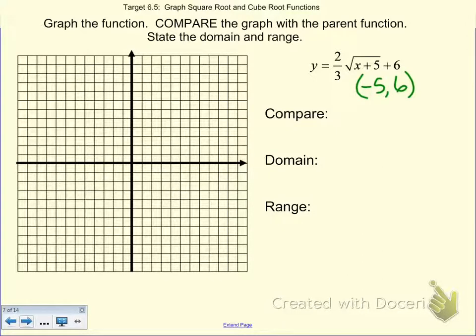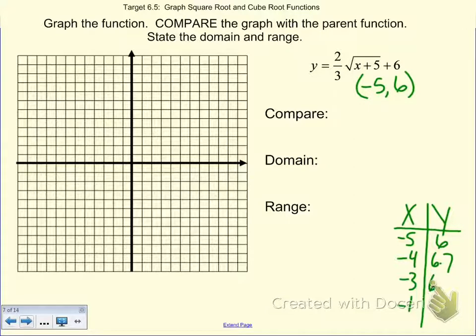We're going to do our xy chart. Again, we start off with our Hankin-Kelly point of -5, 6. Then we do -4, -3, -1. And then we have 6.7, 6.9, and 7.3.